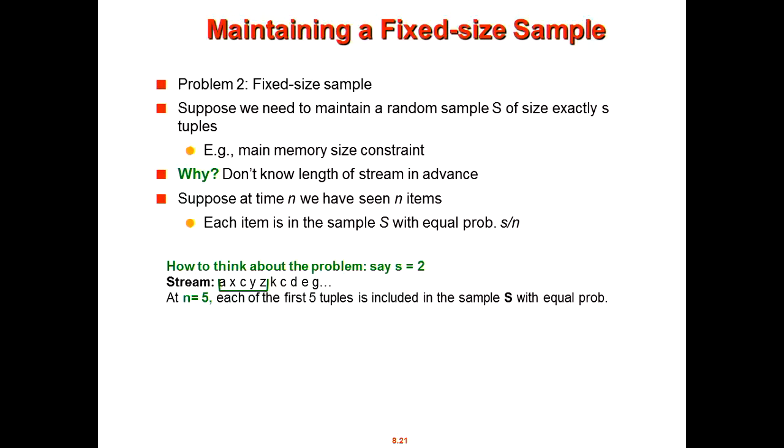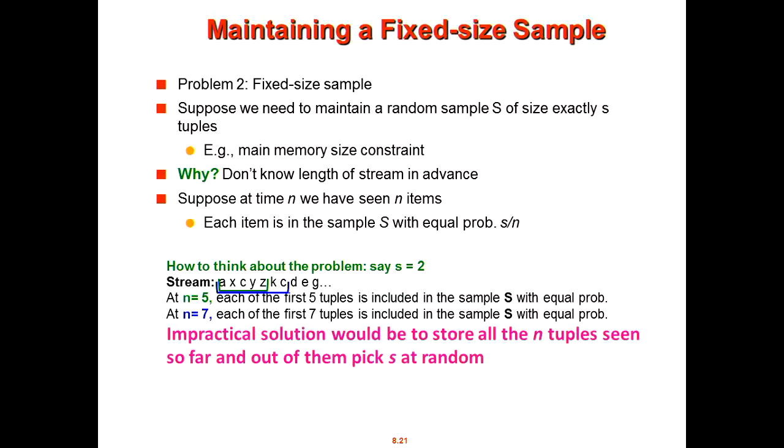It's based on probability, okay? And at time n equal to 7, the sampling approach can guarantee that we have seen 7 tuples, and these 7 items are stored in the sample set S with equal probability.